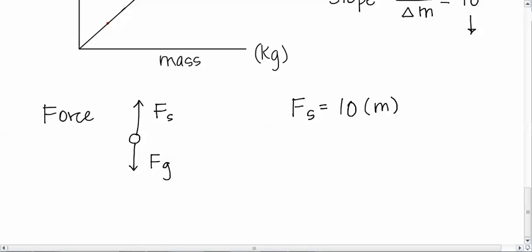And if I look at this diagram right here, the object wasn't moving. It was all balanced. It was in what we call equilibrium. So you have balanced forces, equilibrium.